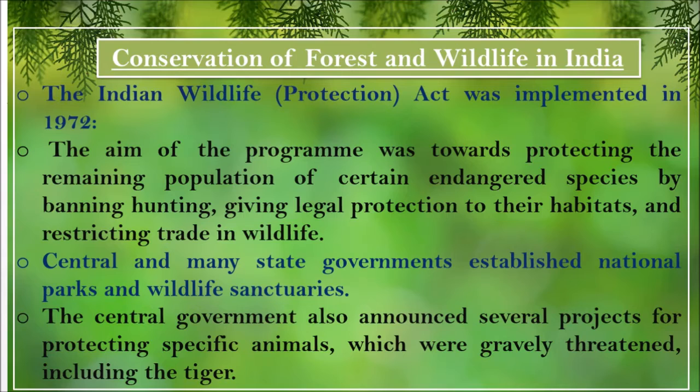So what is the main aim of this act? The main aim of the formation of this Indian Wildlife Act is only to protect the remaining population. Already many animals have become extinct, okay, endangered. Now they have to protect the remaining population of certain endangered species.